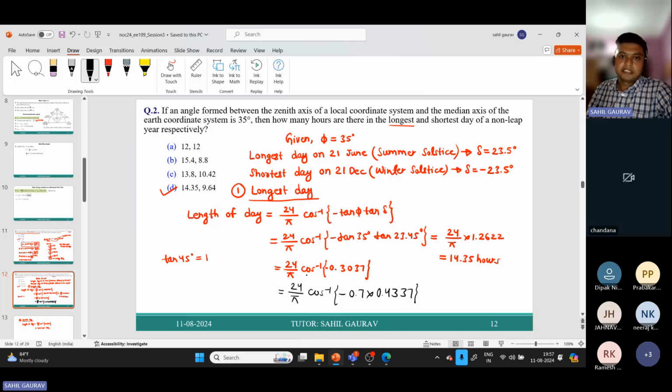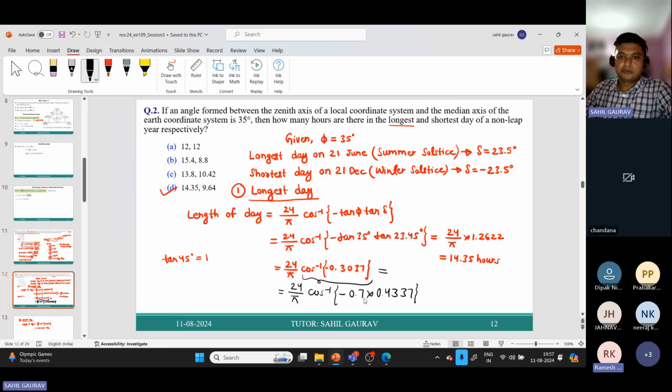Now, if we take the inverse, you have to get the answer in radian, not in degree. If your calculator is set in degree, you will get a wrong answer. Cos inverse of minus 0.3037 comes as 107 degree, but you have to write it in radian. Converting to radian, you will get 1.2622 radians.